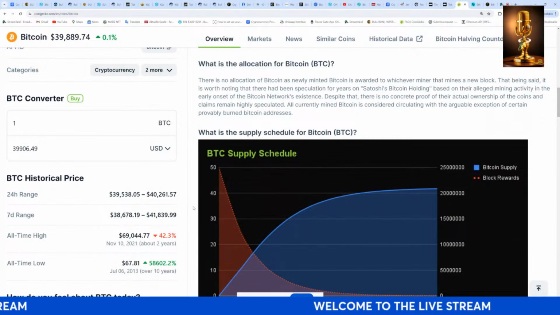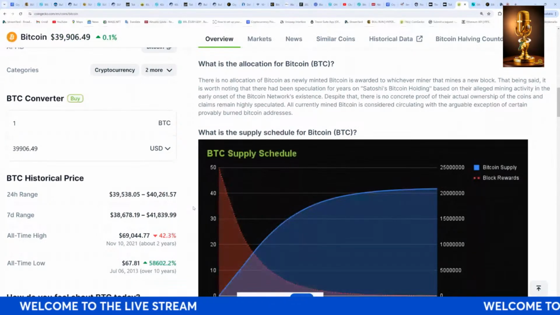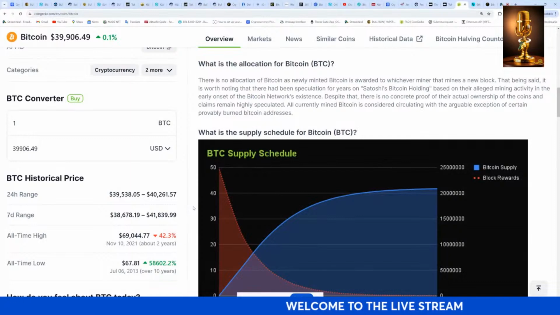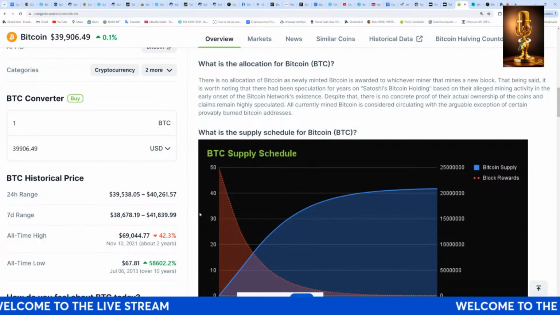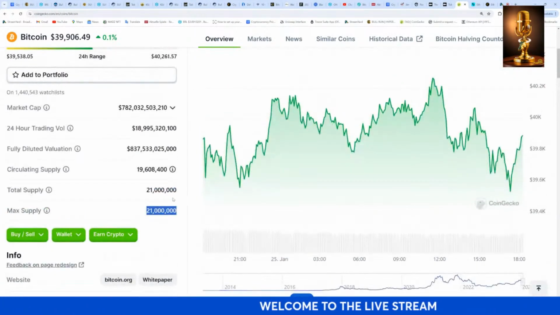And the good thing about it is every 4 years, the inflation gets cut in half. This is what we call the Bitcoin halving. This is what's about to happen in 2-3 months. And so it has a healthy inflation. It's not too much, and that inflation gets cut in half every 4 years. And it has a limited supply of 21 million.